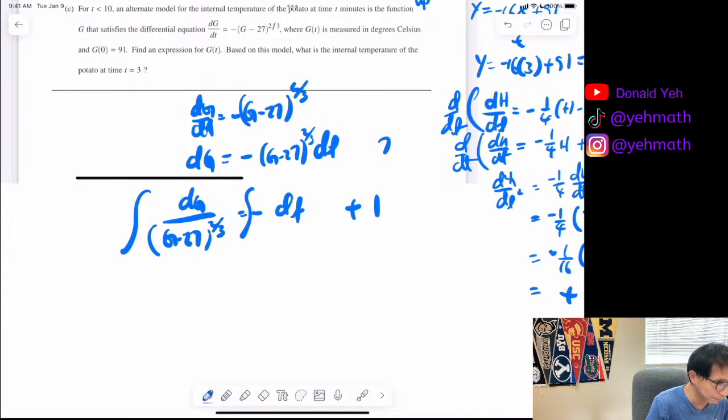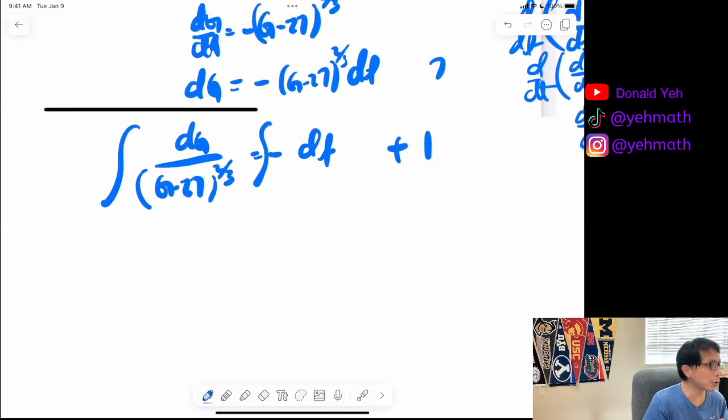That's algebra 1 again. It's not like something crazy. Now, integration of this one, do not try to do natural log, because it's not g minus 27 to the first power. It's g minus 27 to the 2/3, that's a u substitution. u equal to g minus 27, because if it were g minus 27 to the first power, yeah, natural log.